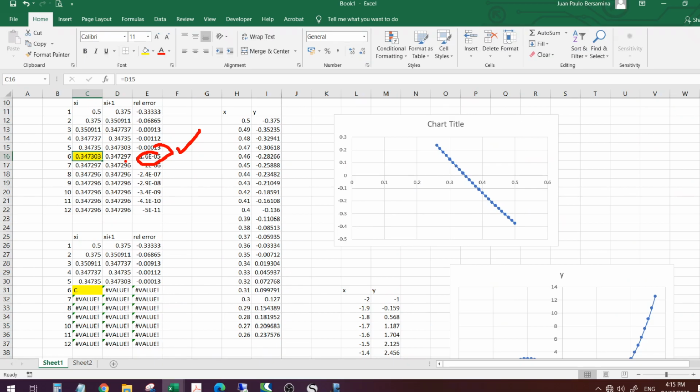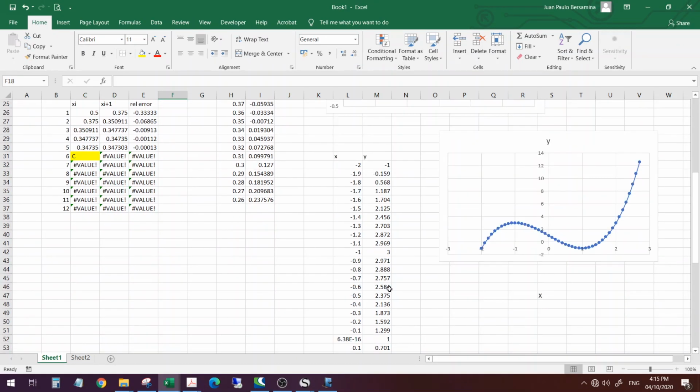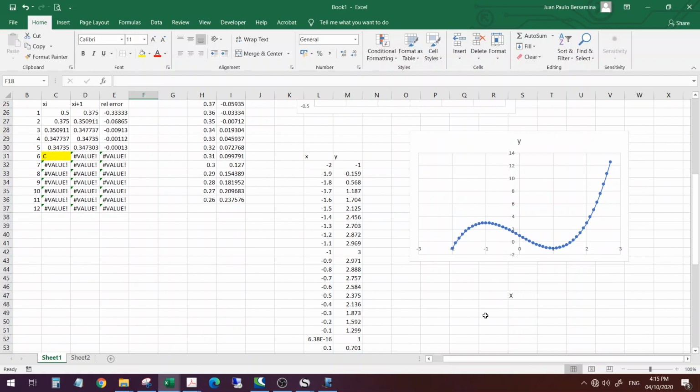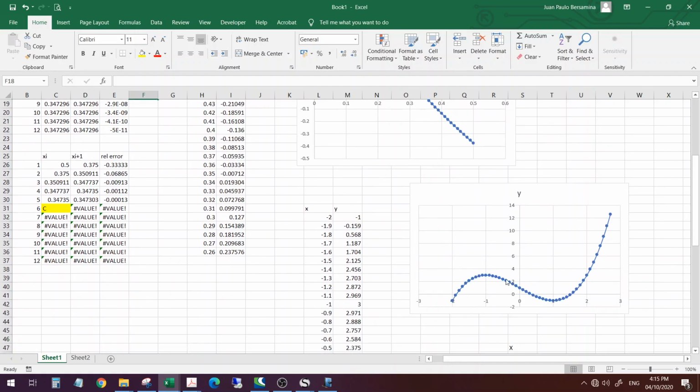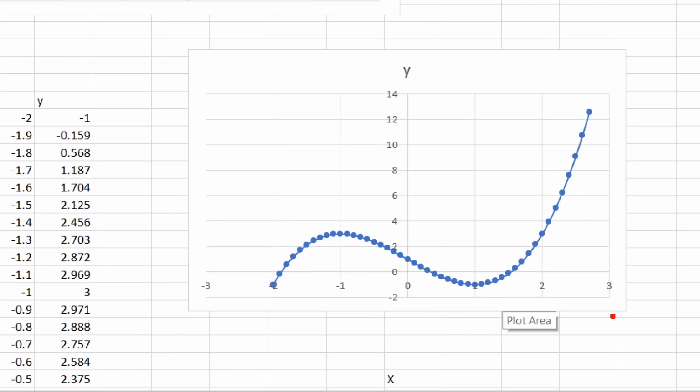If you look at the actual graph of the function x cubed minus 3x plus 1, so this is the graph of that, you will observe that the equation touches the x-axis about 3 times. So what we got earlier is this, 0.347.